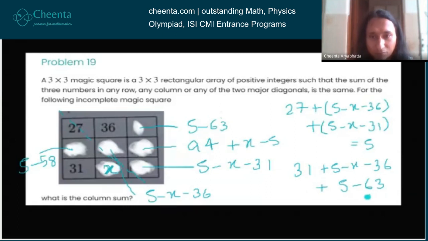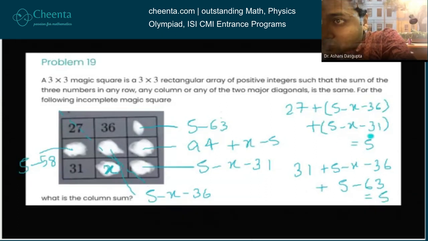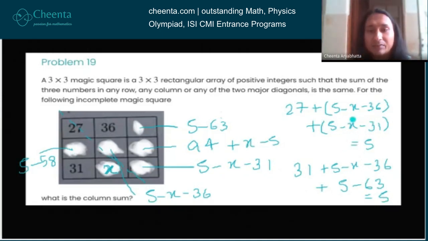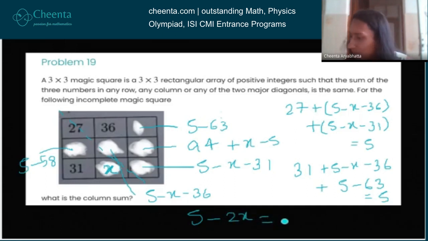And that is equal to S again. We can simplify the first one to get S minus 2x is equal to 40, and S minus x is equal to 68.